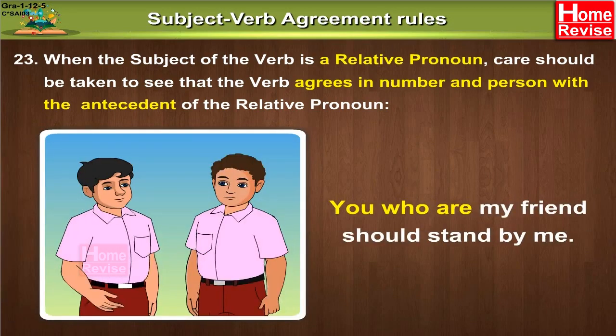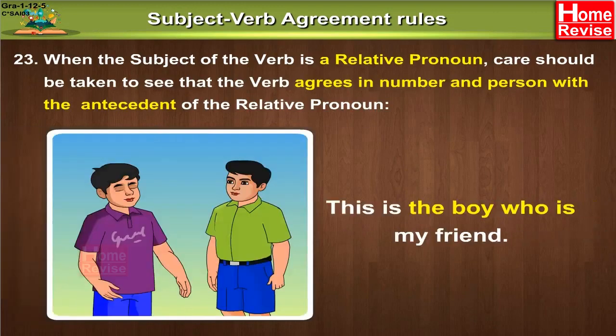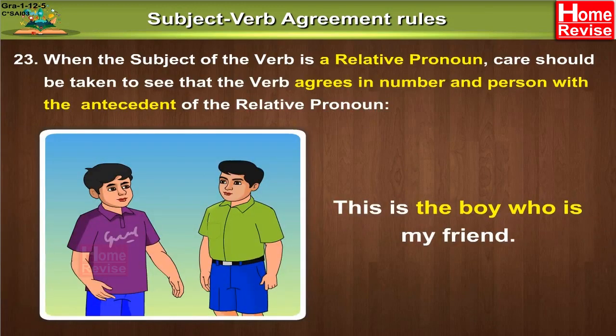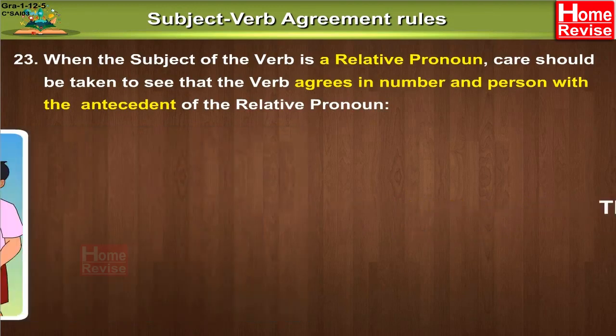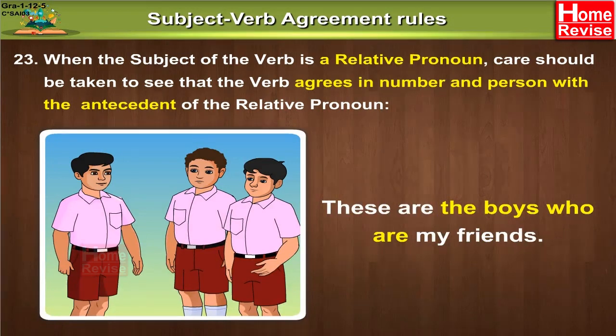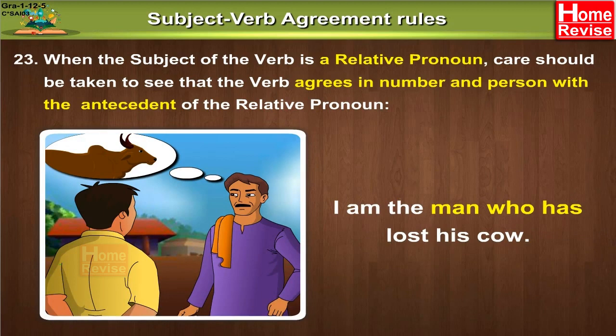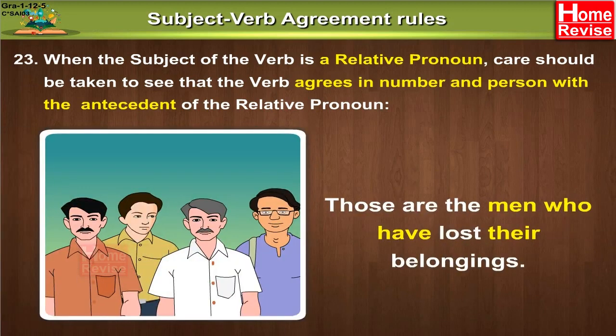You, who are my friend, should stand by me. This is the boy who is my friend. These are the boys who are my friends. I am the man who has lost his cow. Those are the men who have lost their belongings.